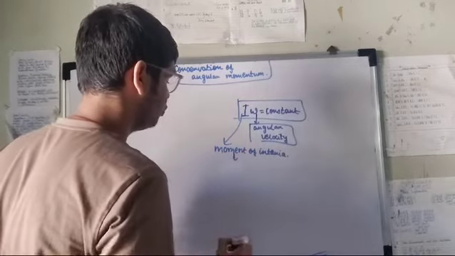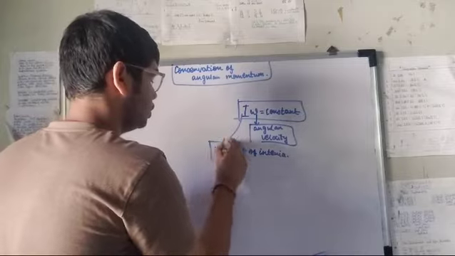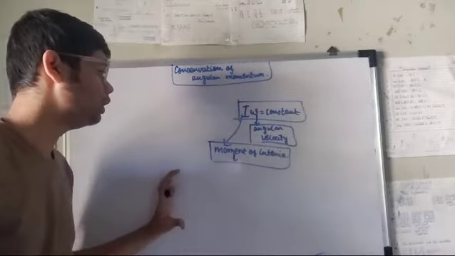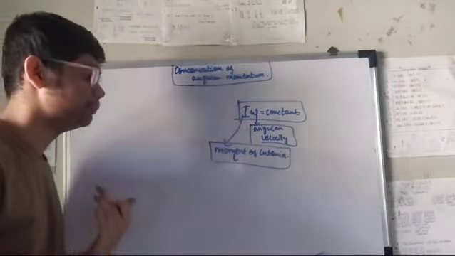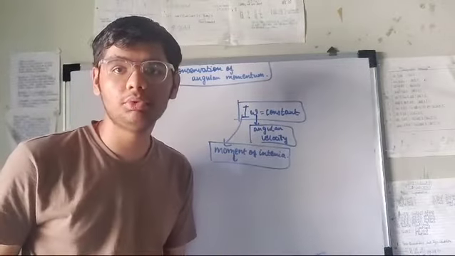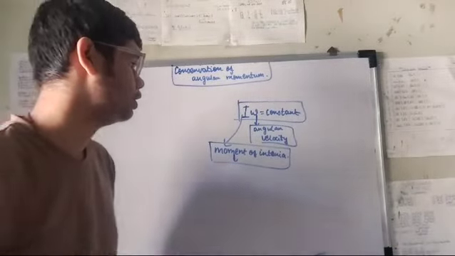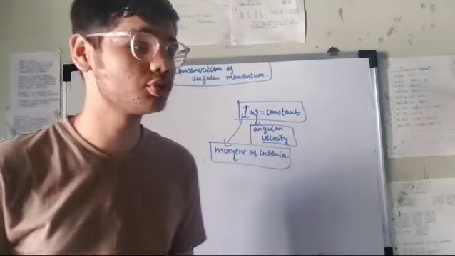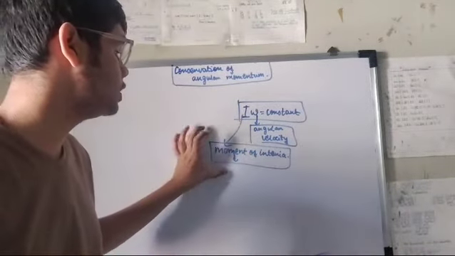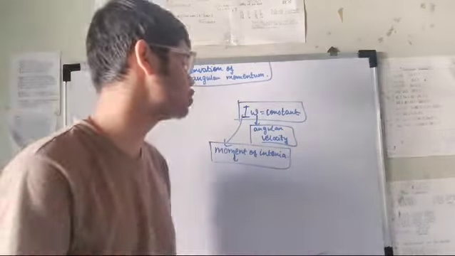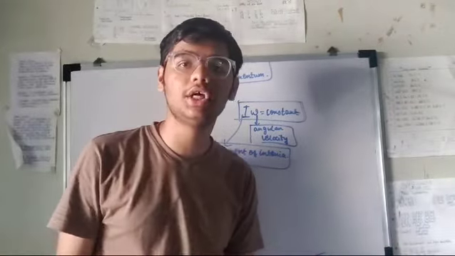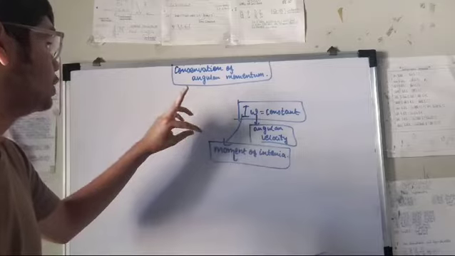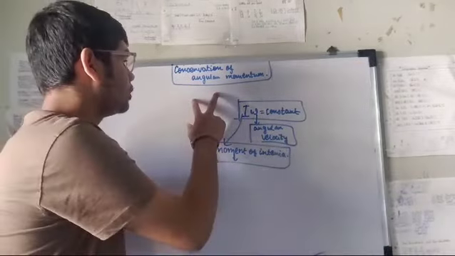As in linear momentum, the formula was mv, where mass of a system is multiplied by velocity. Here, mass is replaced by moment of inertia, and angular velocity replaces the linear velocity. So that's why it is angular momentum.